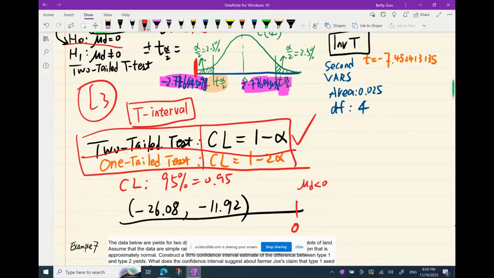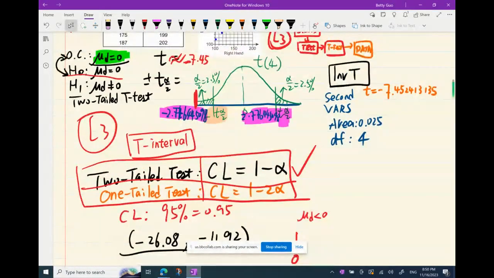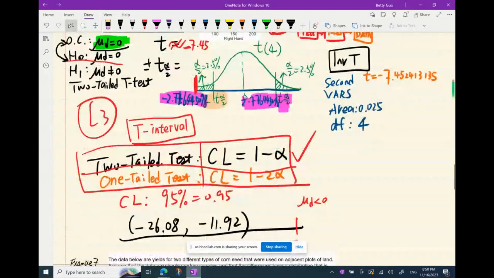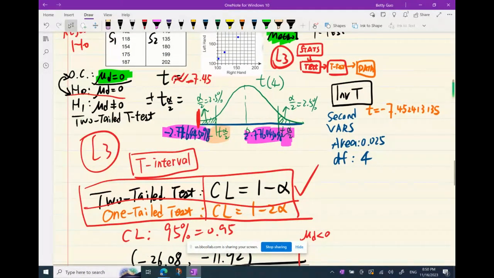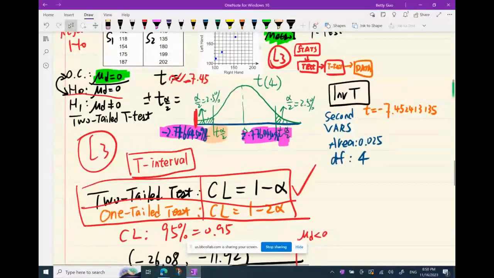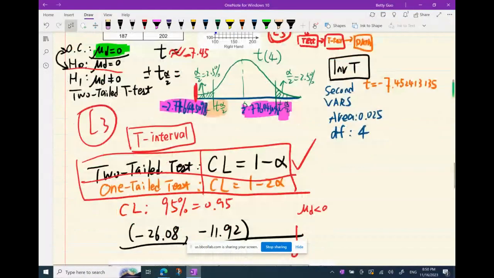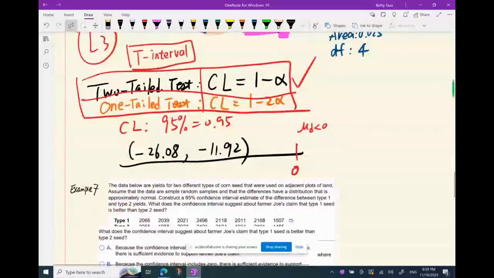Anyway, it does not support not equal to 0, right? It doesn't contain 0, so we will reject the null and the original claim. The results are consistent. They do give us the same result. That's the confidence interval method.